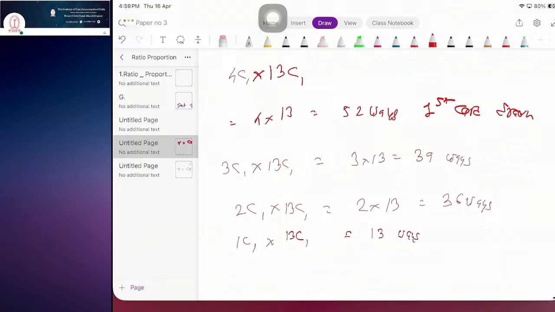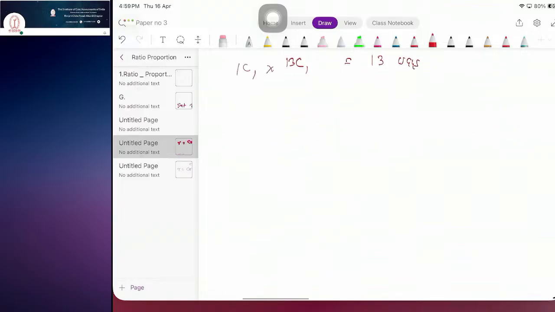So just combine all these things when there is a concept of non-replacement.